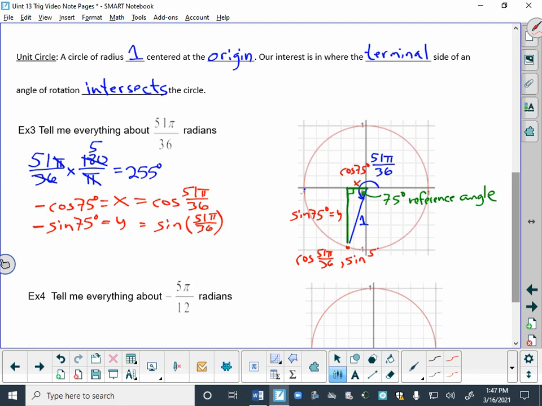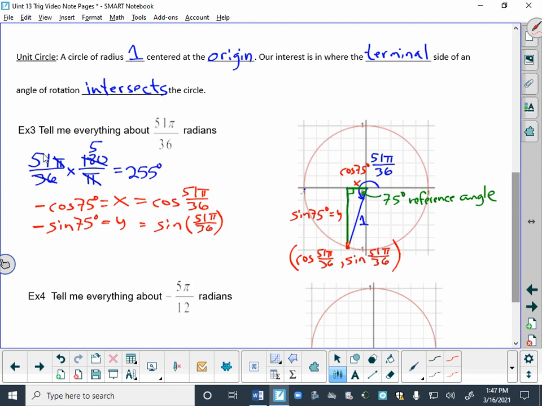And I have a sine of 51 pi over 36. These are the exact coordinates of the point where the terminal side hits this circle out here. So the coordinates are the cosine of the angle, comma, sine of the angle.